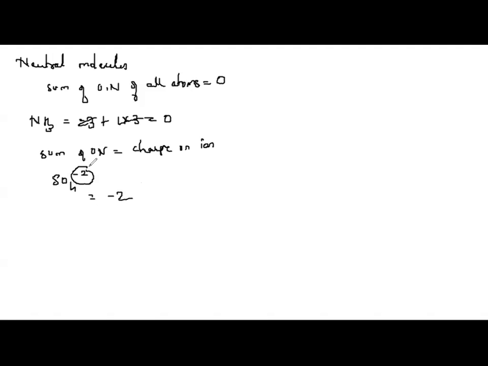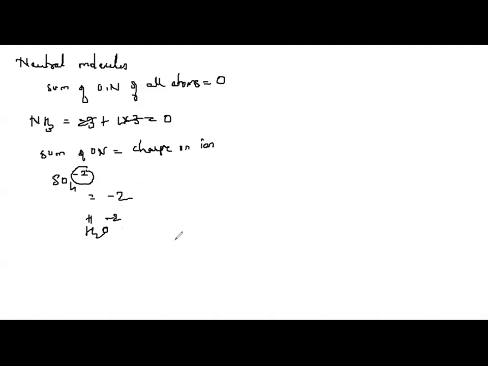It may be noted that oxidation number is frequently called oxidation state also. You need not get confused. So H2O, oxidation state of hydrogen is +1, oxidation state of oxygen is -2.